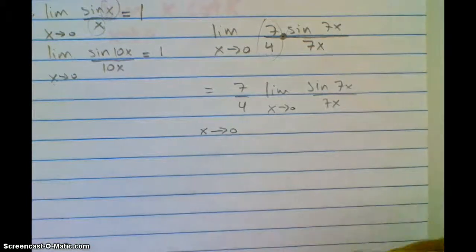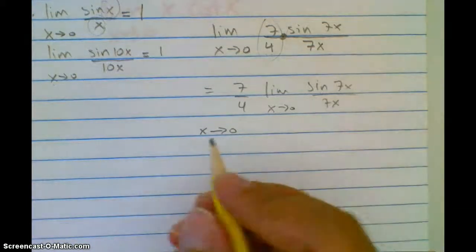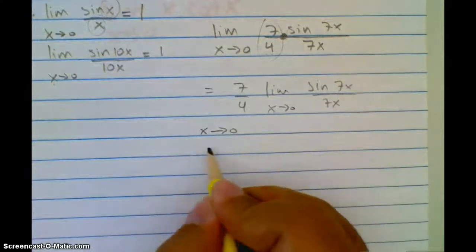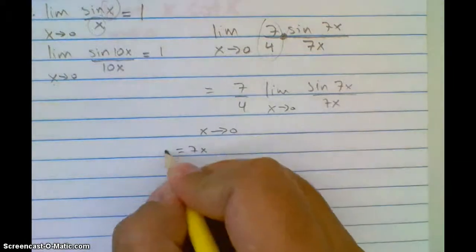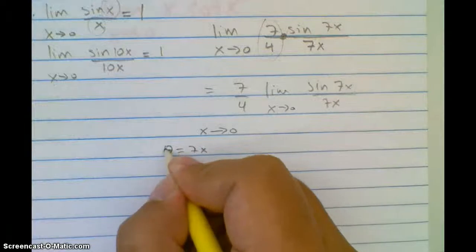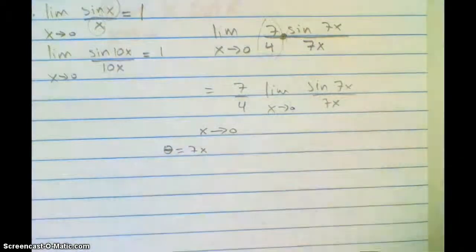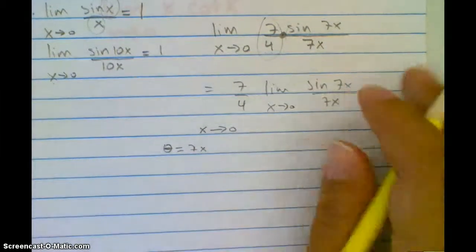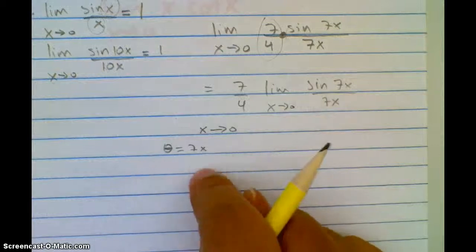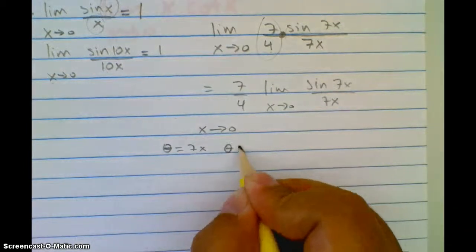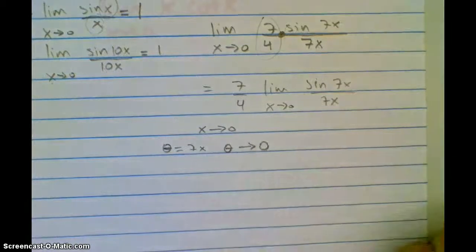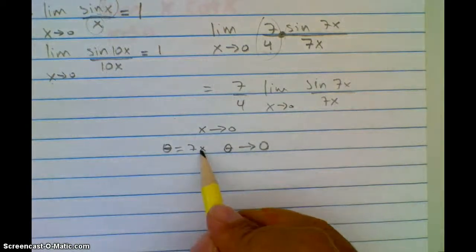As x approaches 0, okay, and that's okay. Let's call 7x, you can call it anything you want. I want to call it theta because that's what the book calls it, and it could have been the letter z. So if theta is 7x and x approaches 0, theta naturally approaches 0 as well, because if x approaches 0, 7 times 0 is approaching 0.